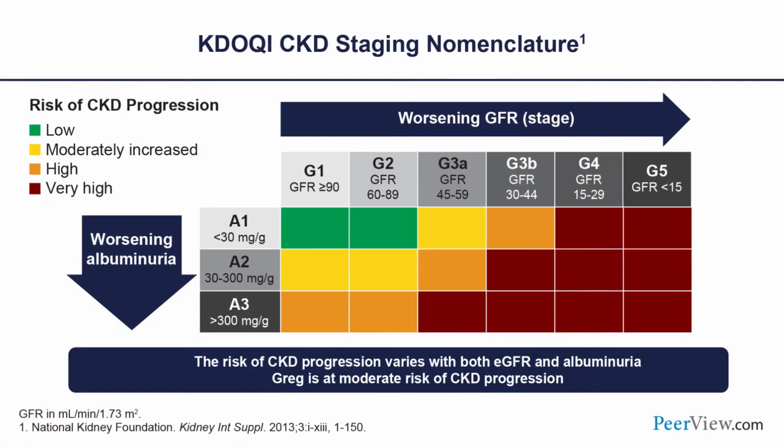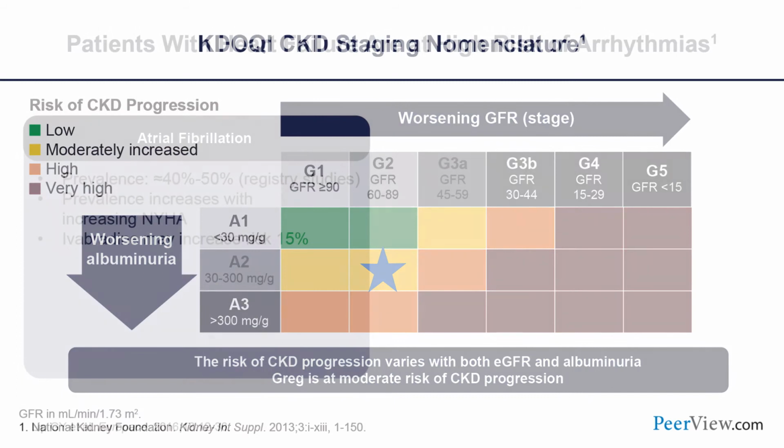Greg has a GFR of 70, so it is not more than 90, but it is greater than 60, and has microalbuminuria, so he is G2A2 classification. The risk for both renal outcomes and for cardiovascular outcomes worsen as patients move across either of the two aspects, with worsening GFR or worsening albuminuria, and certainly with the combination of both.